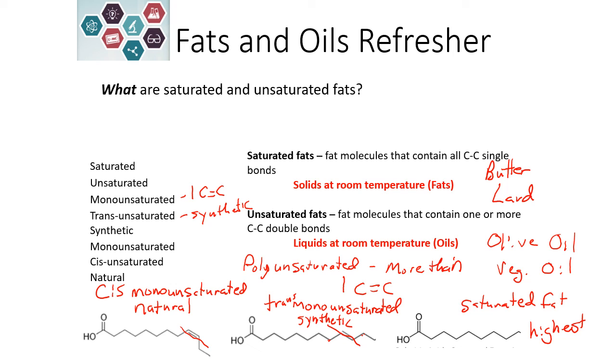So because it's trans, it's going to pack together. Those chains are going to pack together. There's going to be more of our intermolecular forces present. And so this would be the second highest. And our cis is going to have a harder time packing together, so this would be the lowest boiling point.